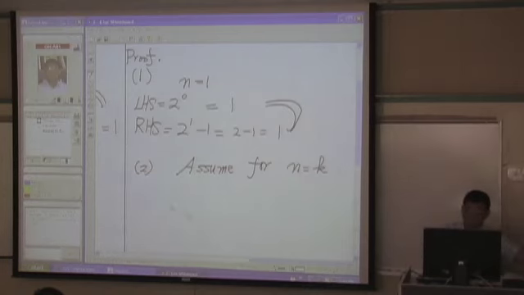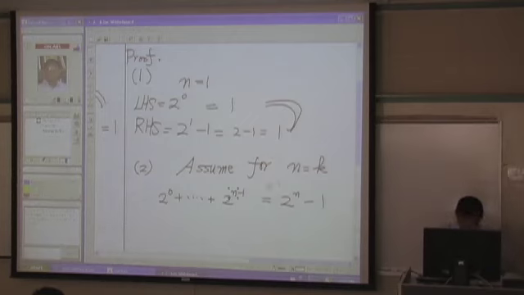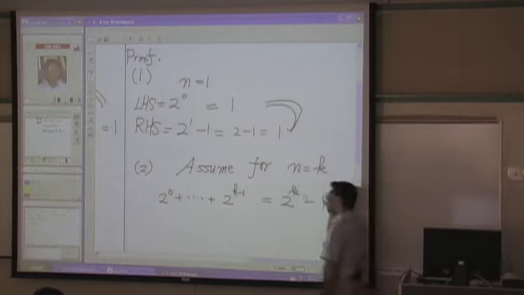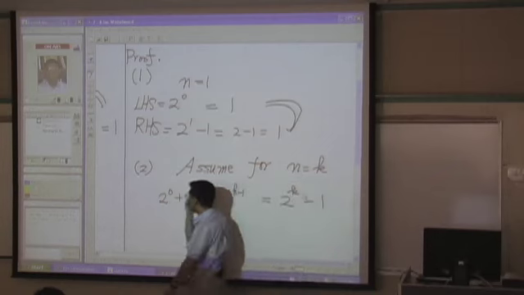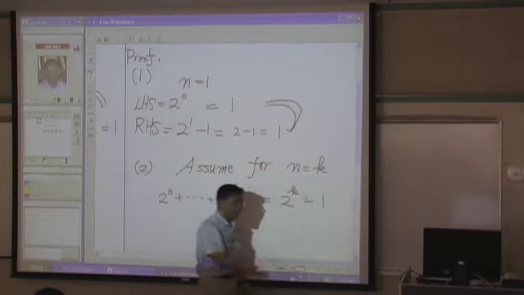In other words, 2 to the power of 0 up to 2 to the power of n minus 1 equals 2 to the power of n minus 1, with n replaced by k. So I will use k. So we assume the statement for k.